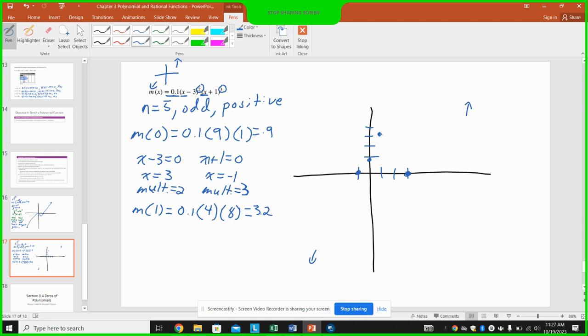All right, so now I can sketch it. When I get to, what's that value? Negative 1. What's the multiplicity? 3, even or odd? Odd. So since it's odd, I will go through it.